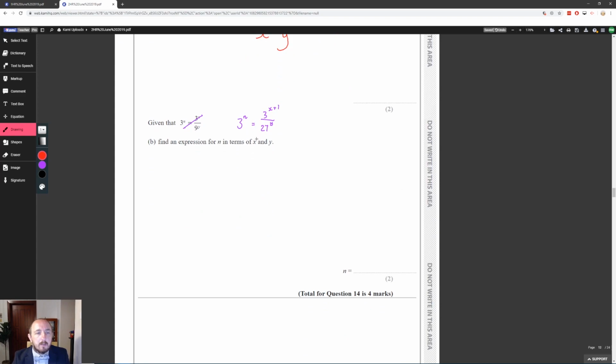We've got 3 to the n equals 3 to the x plus 1 over 27 to the y. So we're going to change the denominator into 3 cubed because we need them all to be the same base. So we've got 3 to the n is equal to 3 to the x plus 1, and then we're dividing by 3 to the 3y because we're multiplying those two powers.